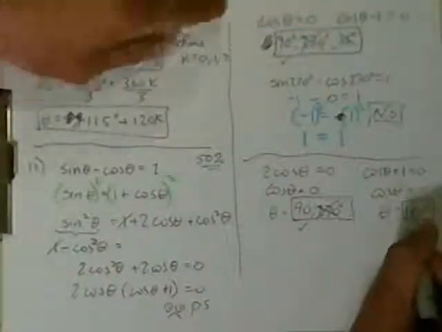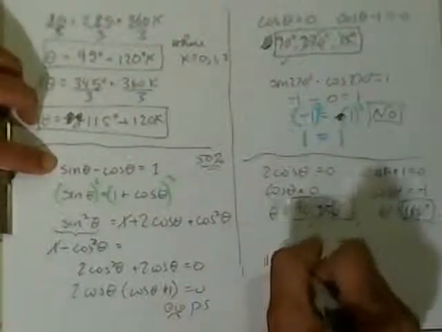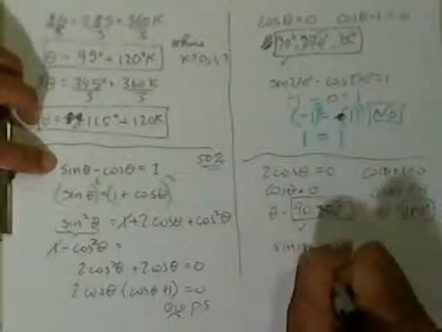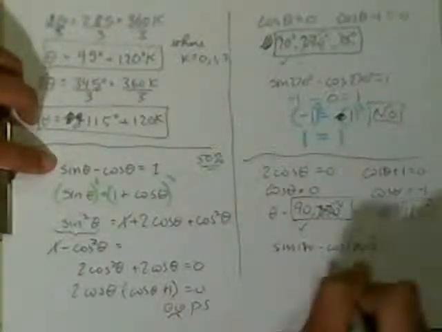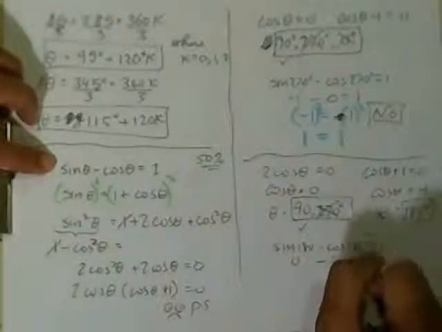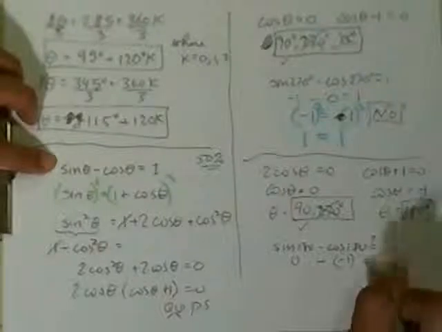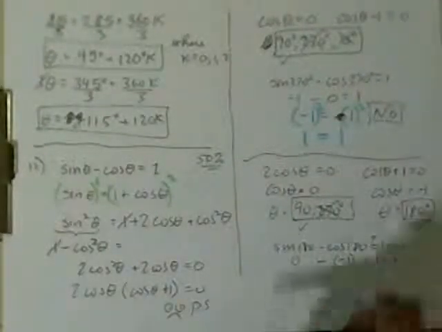Let's try 180. It's the original problem. Sine of 180 minus cosine of 180. Does that equal 1? Sine of 180 is 0 minus cosine of 180 is negative 1 equals 1. Negative and negative is positive. That worked out. Glad I checked my answers here.